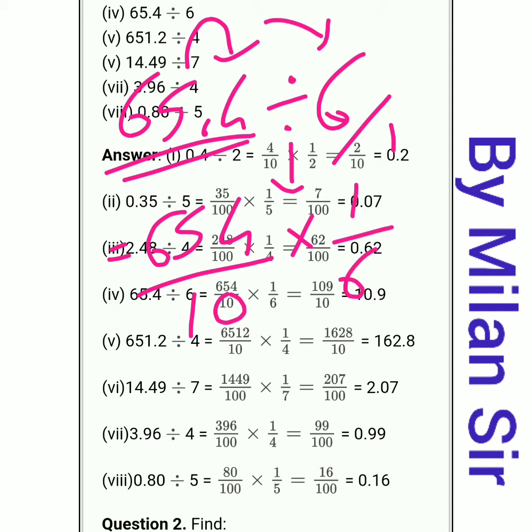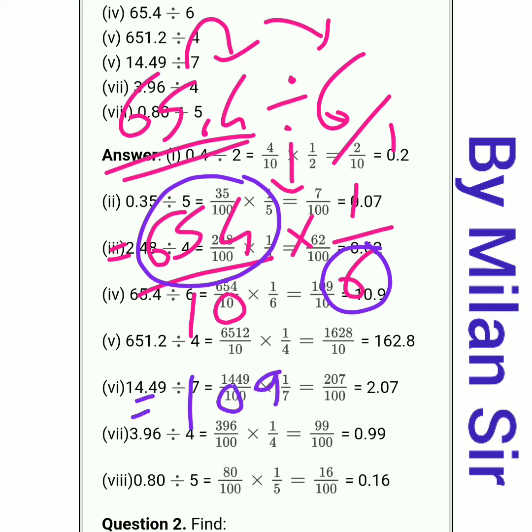Then we need to solve these two numbers, that means 654 divided by 6, because 654 is present in numerator and 6 is in denominator, so we need to divide it. So 654 divided by 6, 6 ones are 6, 0, 6 nines are 54, so 109.